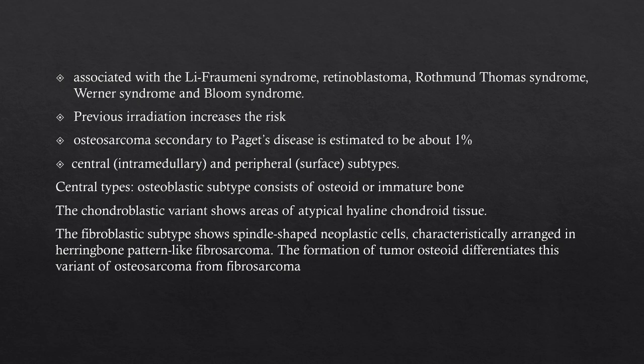The only difference is that in each type, the number of osteoblasts is going to be increased, which differentiates it from chondrosarcoma, wherein chondroblasts are increased, or from fibrosarcoma, wherein fibrous tissue is increased. The formation of tumor osteoid differentiates osteosarcoma from fibrosarcoma.